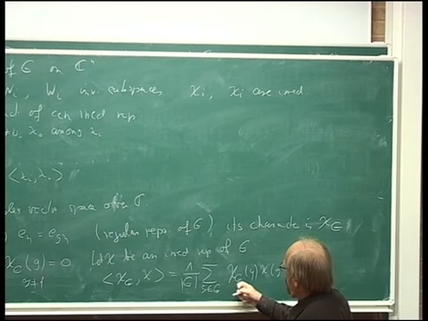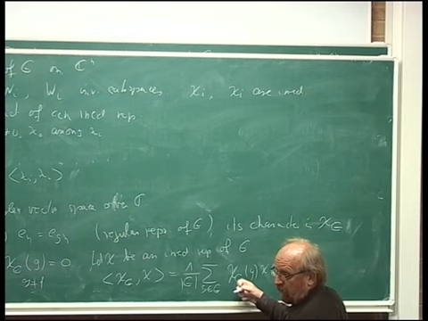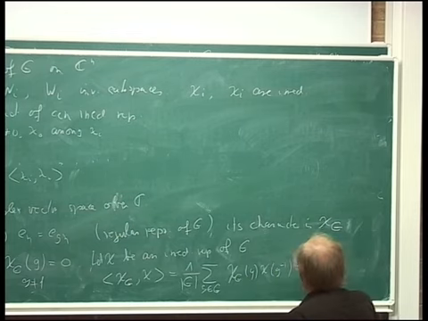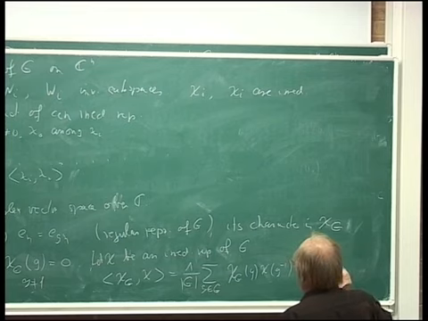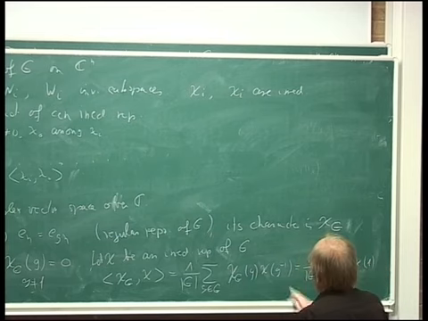Now, this gives a contribution if g is the identity, and otherwise it's 0. So we have just one non-trivial term here, and this is then 1 over the order of G, chi_G at 1 times chi at 1, because g inverse of 1 is also 1.